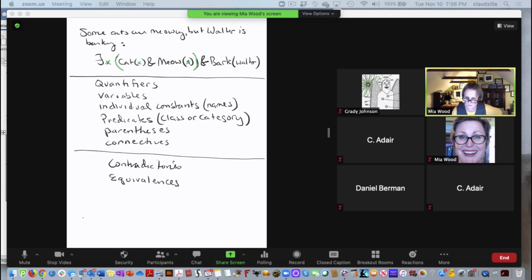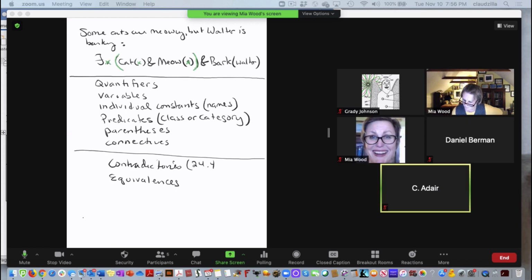So contradictories, that's 24.4. And we want to get to equivalences. That's chapter 25. So I'm just making a brief list of what we haven't talked about yet, but what we'd like to get to.